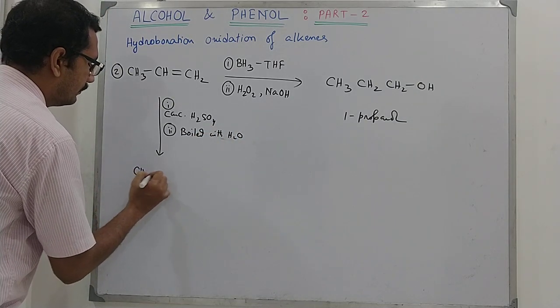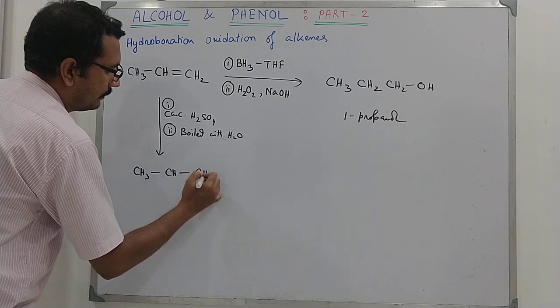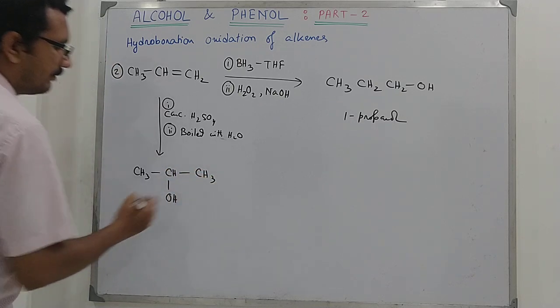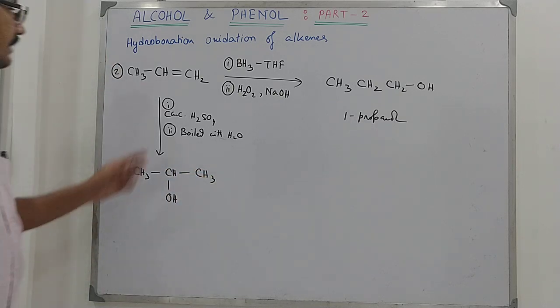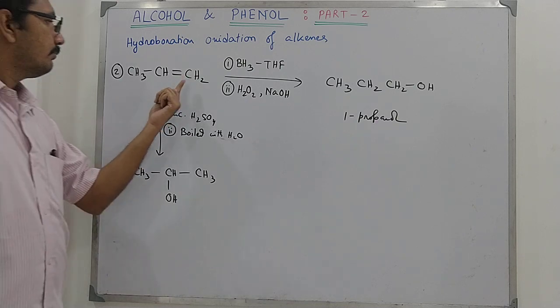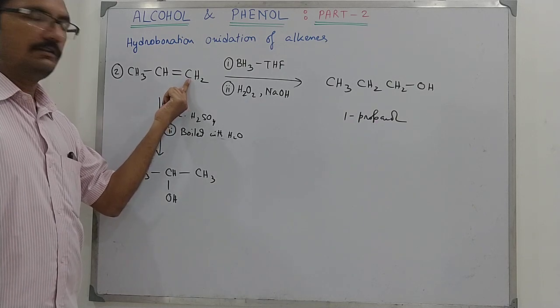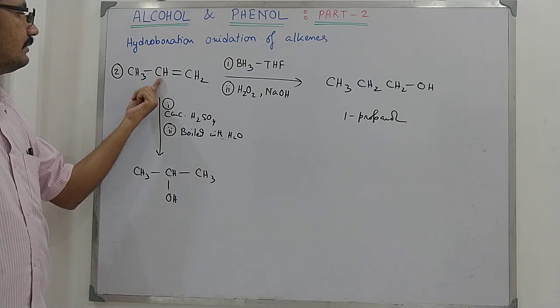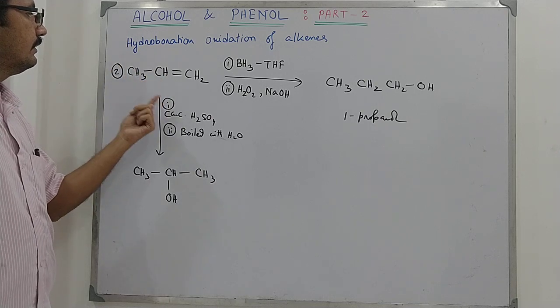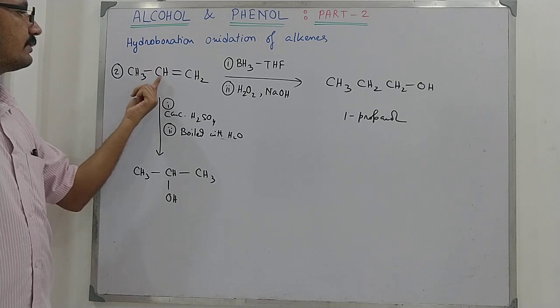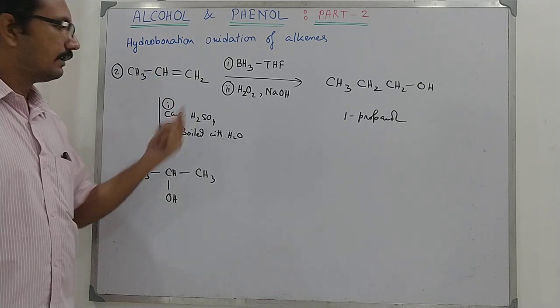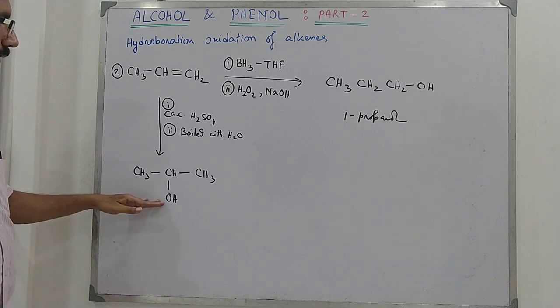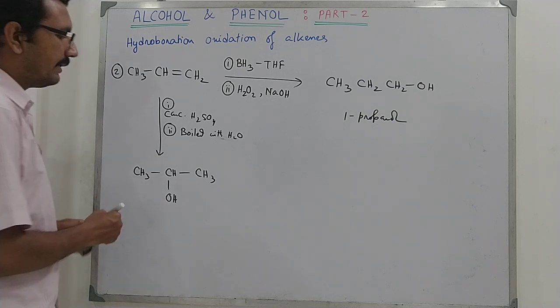Then we got this one as the major product. Since we have H plus to get attached in this terminal position, there is the plus charge carbocation in this position, so it is a secondary carbocation. 2 degree carbocation is more stable than the primary carbocation, 1 degree carbocation. So we have this product. So that was the Markovnikov addition.